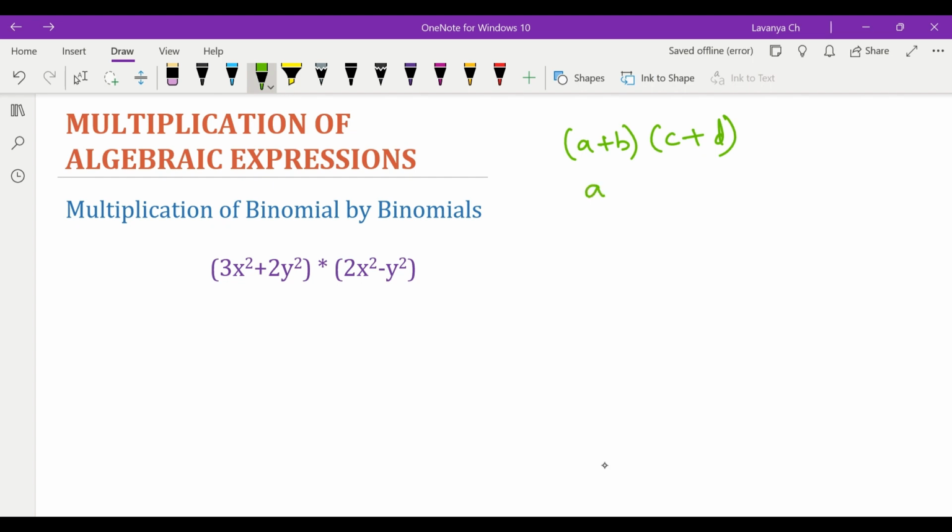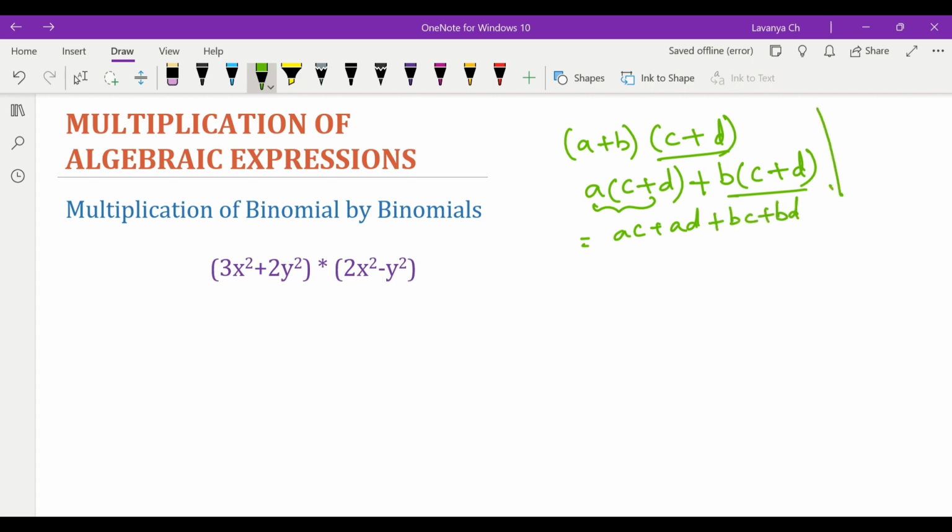First with a, we have to multiply this entire thing, that is the second binomial c plus d, plus b into again the second binomial c plus d. This is now like monomial into binomial which we have seen. So ac plus ad. Now this is also monomial into binomial, bc plus bd. This is the process we will follow to multiply two binomials.